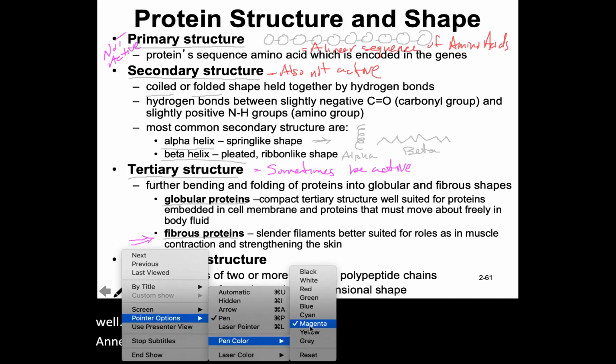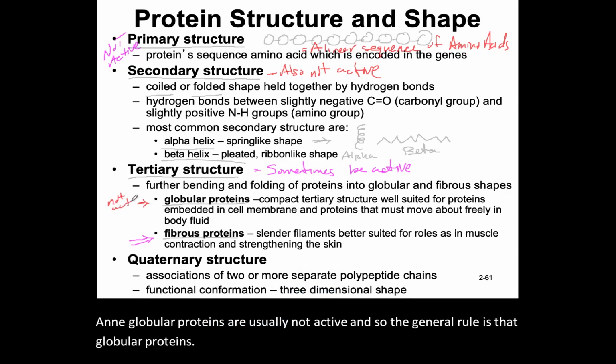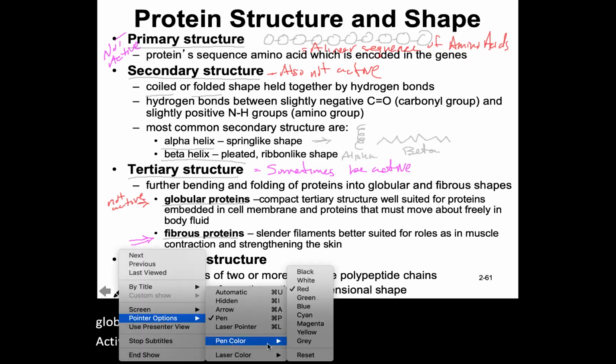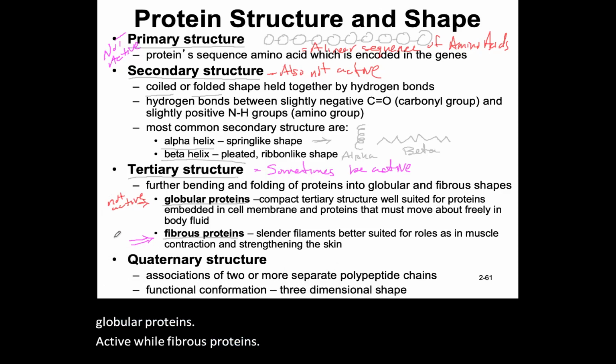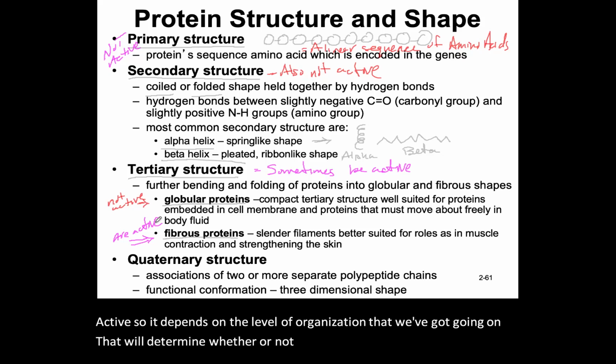So the general rule is that globular proteins are not active, while fibrous proteins are active. So it depends on the level of organization that we've got going on that will determine whether or not that tertiary structure is active or not active.